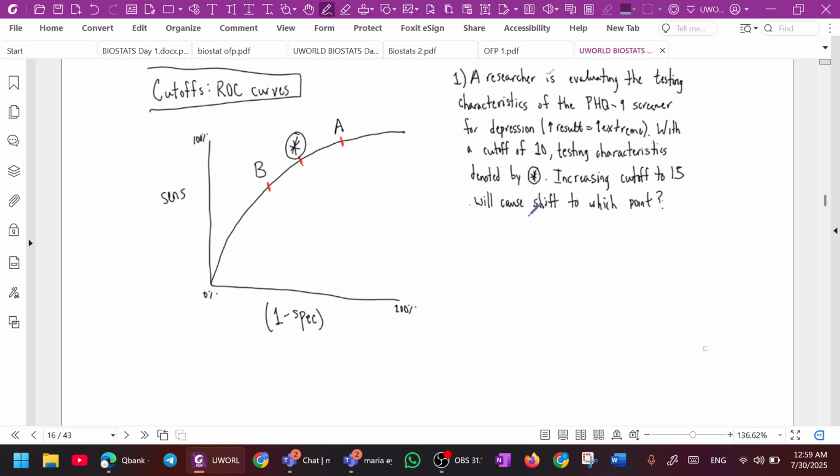If we decrease the cutoff from 1 lakh to 25K, that means it is harder to get. So it is B, that means it decreases the sensitivity.